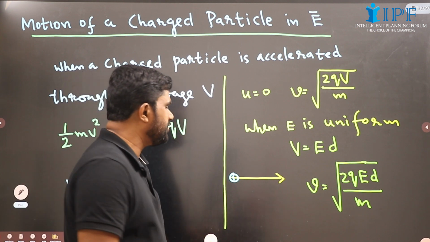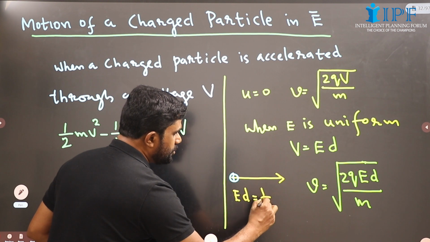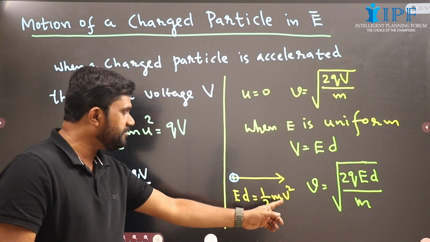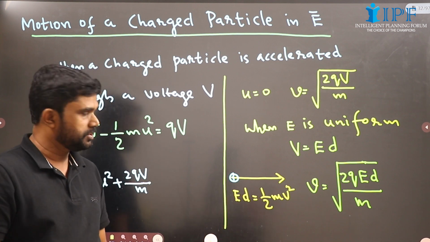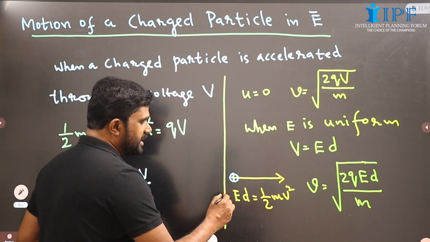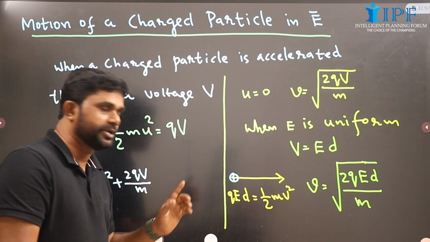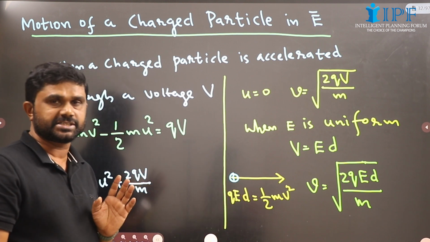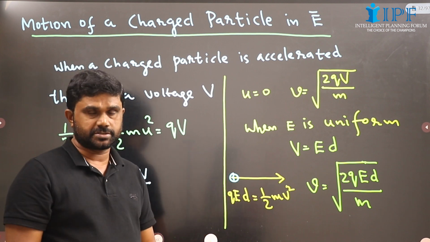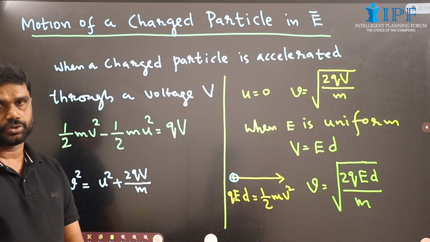This E is the intensity of electric field, and Q into E gives the force. So Q into E, the force, into distance, the work done, is equal to the kinetic energy as it is accelerated from rest. So the final speed will be the square root of 2QEd divided by m.